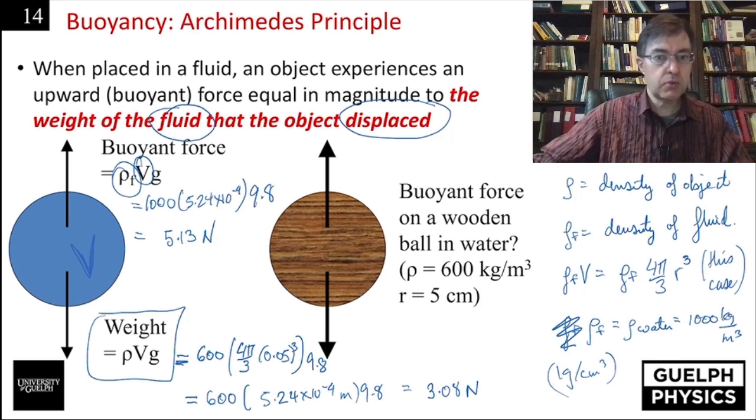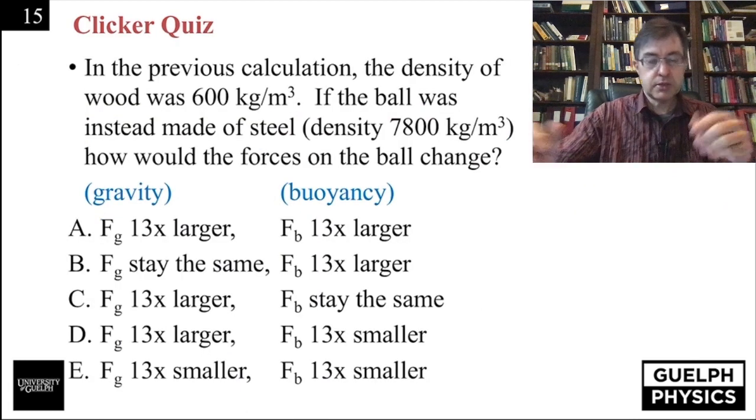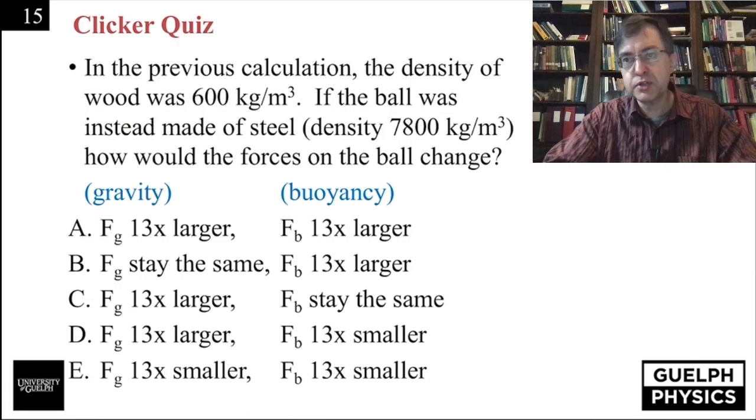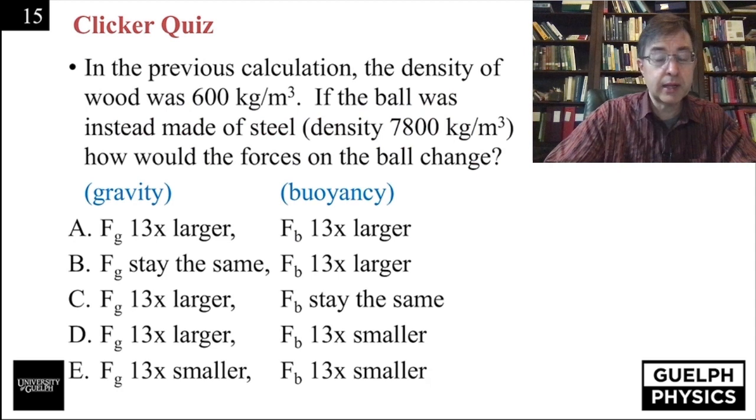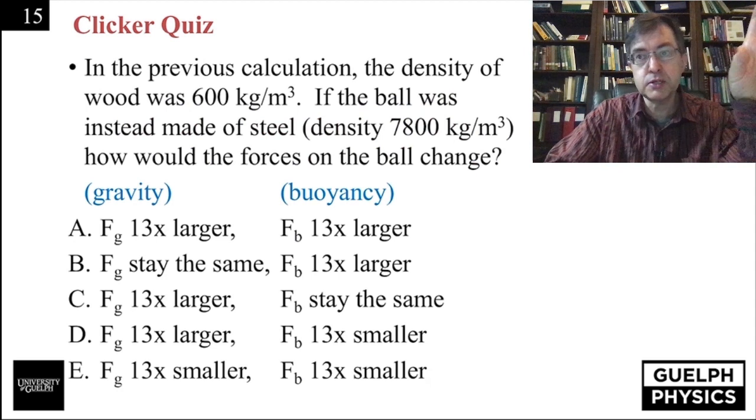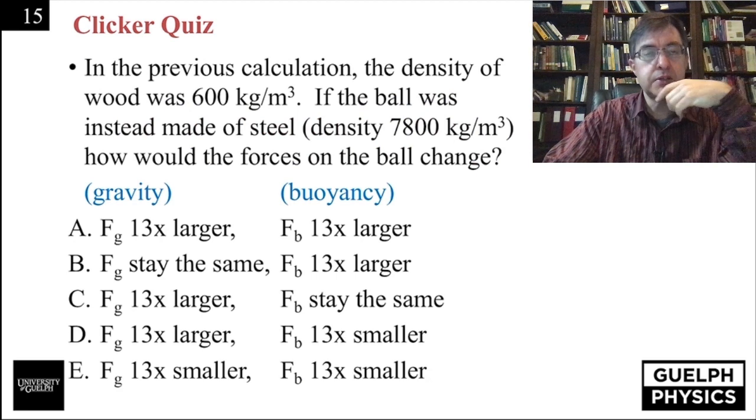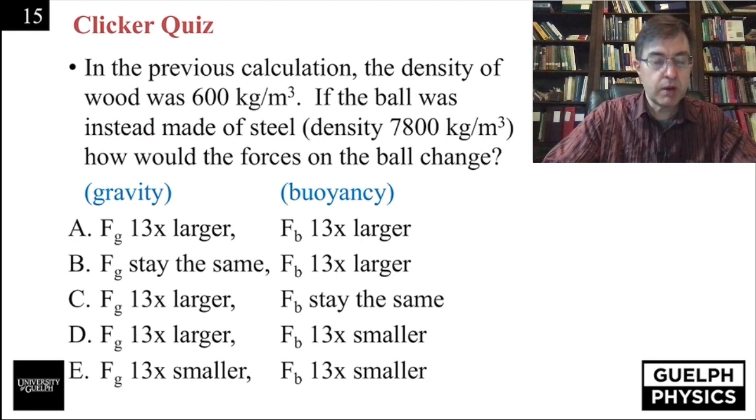Okay, let's do this clicker quiz. Previously we used a density of wood which is 600 kilograms per cubic meter, but if I replace the wooden ball with a steel ball, with steel having a density of 7,800 kilograms per cubic meter, how would the forces on the ball actually change?